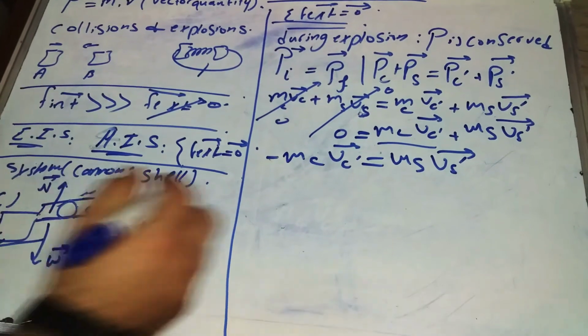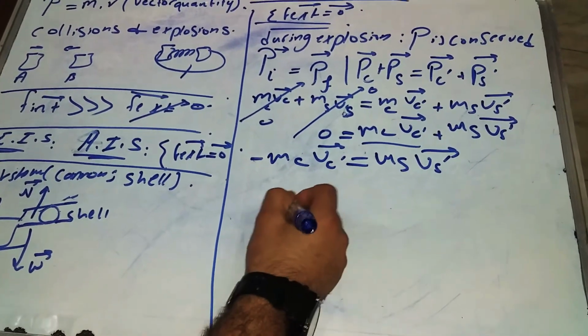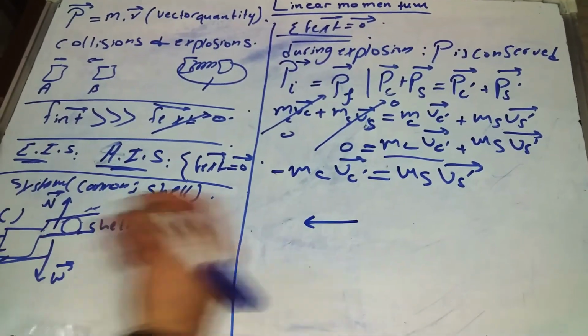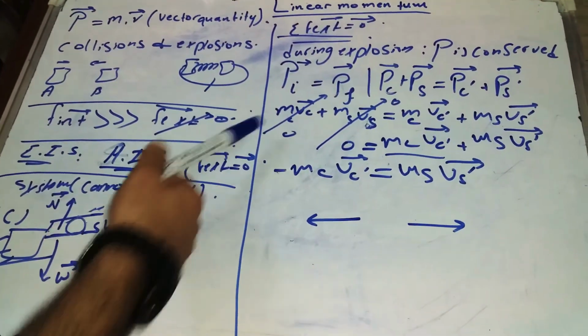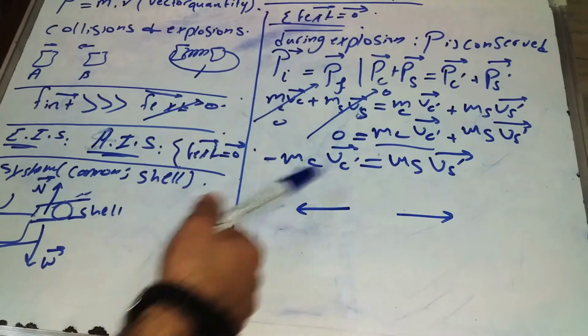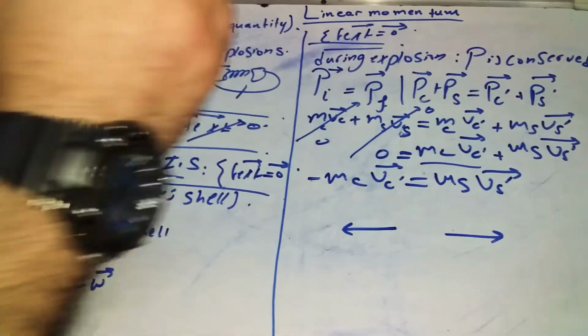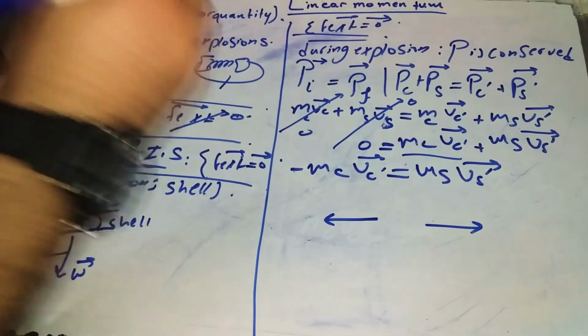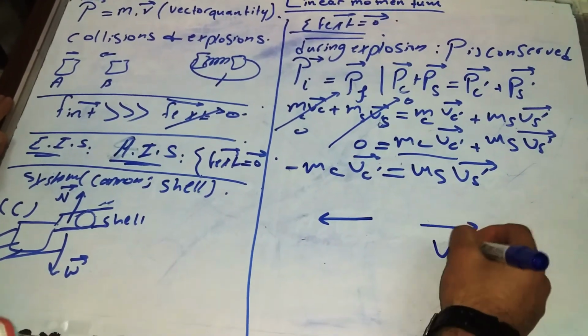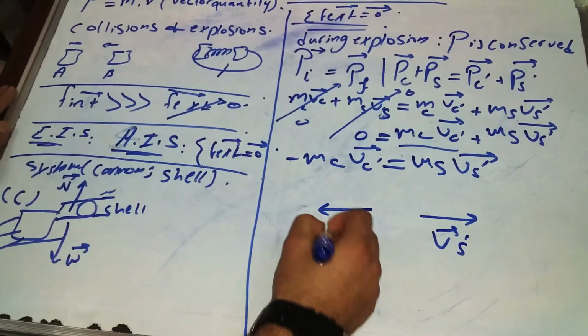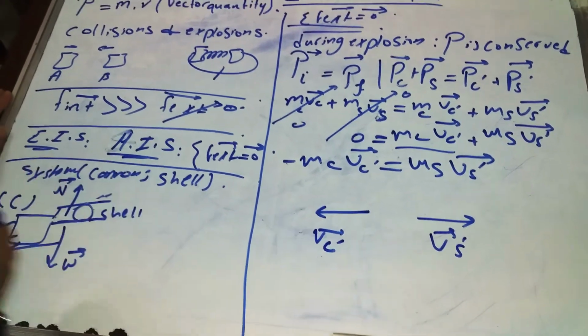So in this case we can see that the cannon is heading to the left and the shell is heading to the right. So this sign reveals the fact that the cannon recoils back after the collision. So this is VS prime and this is V cannon prime.